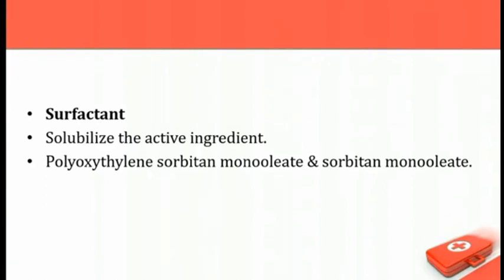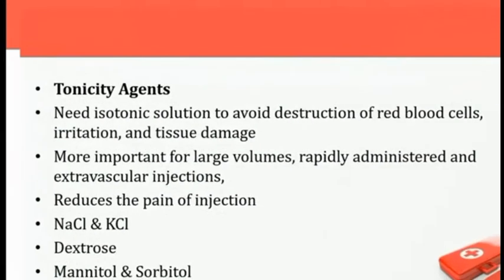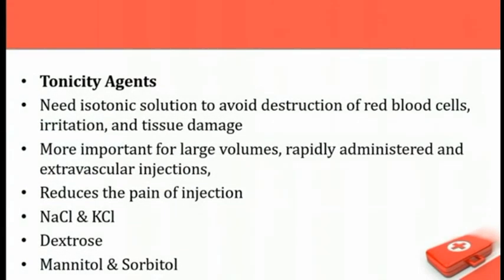In the GPAT there is a question on which method is used in parenterals for aqueous solutions, and the right answer is the autoclave method; for oily solutions the method is dry heat sterilization.